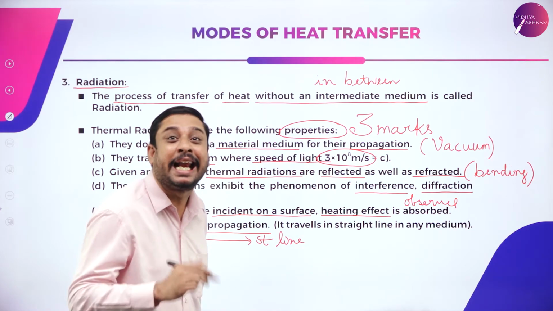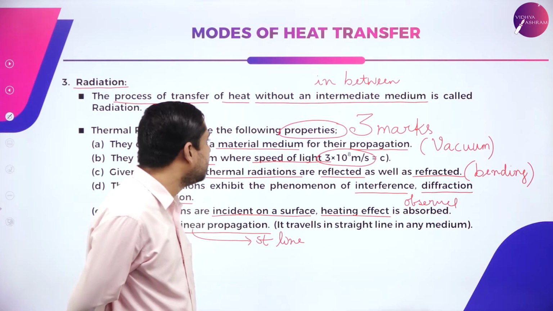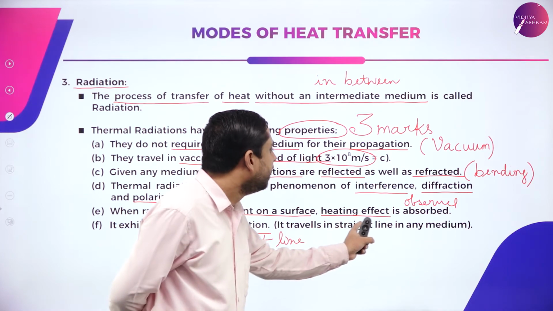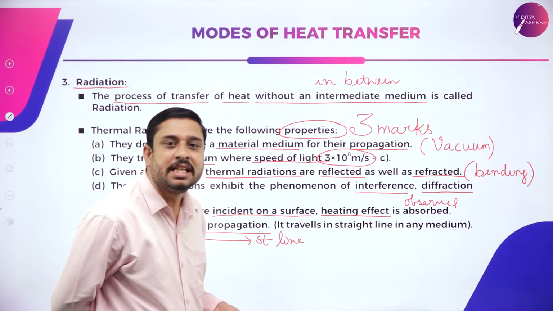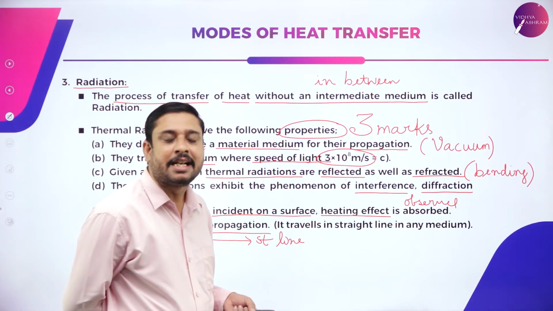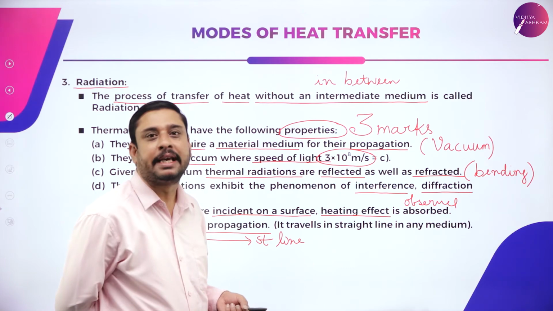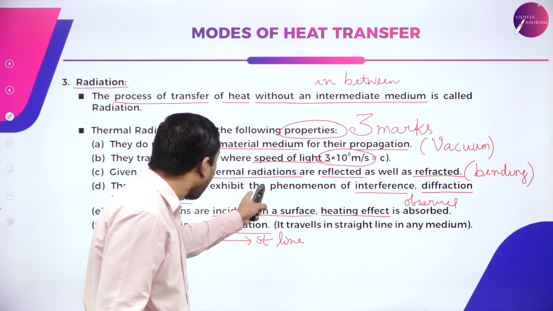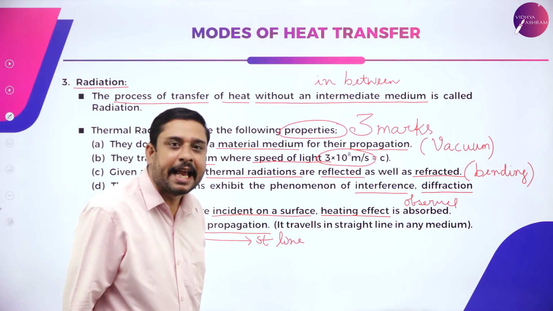Given any medium, light always travels in a straight line. That is called rectilinear propagation. So these are the different properties of thermal radiations.